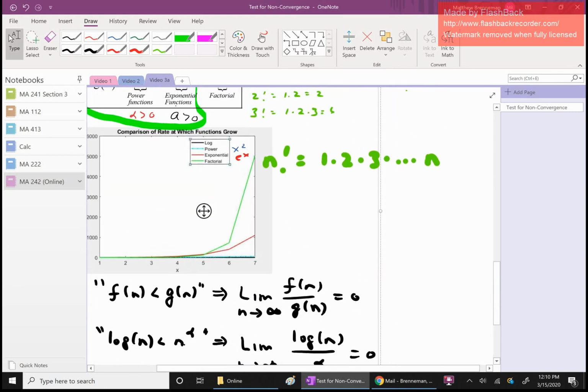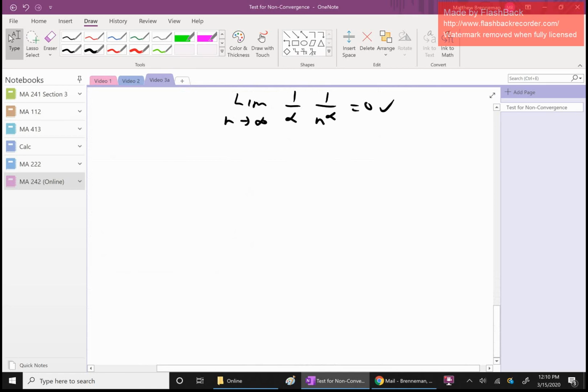Okay. So let's just look at a few quick examples, okay? So what can we say about the following infinite series? Let's see. If we apply the test for non-convergence, what do we find out?